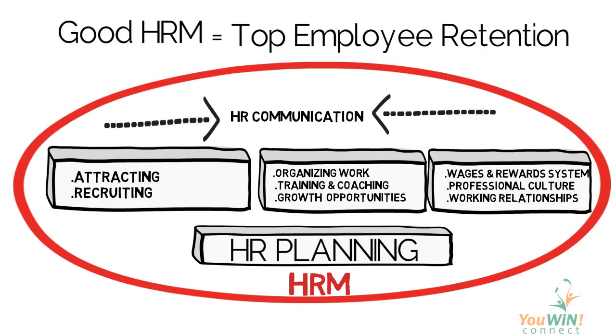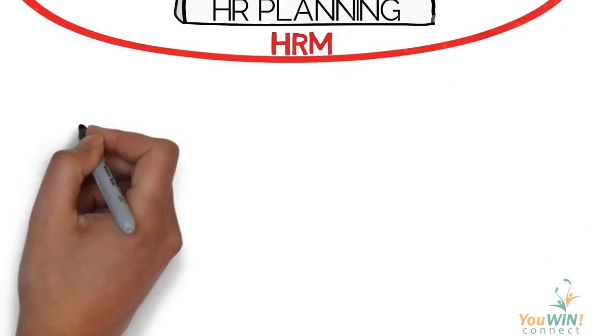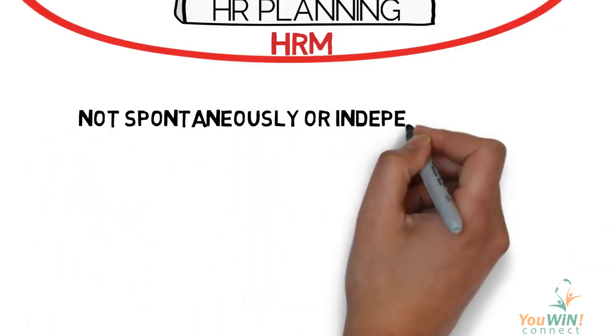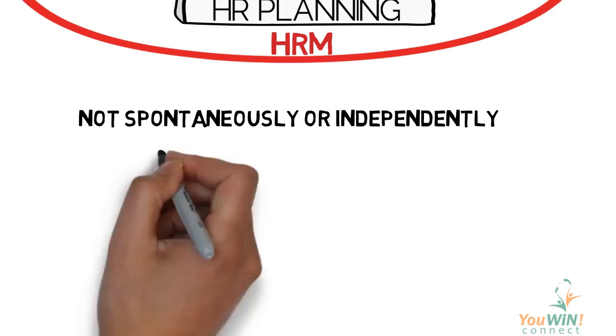Again, you can see from the chart that planning is the foundation upon which all other HRM activities are built. Planning is what helps to link HRM activities with your business goals. And so it must not be carried out spontaneously or independently of your company goals.